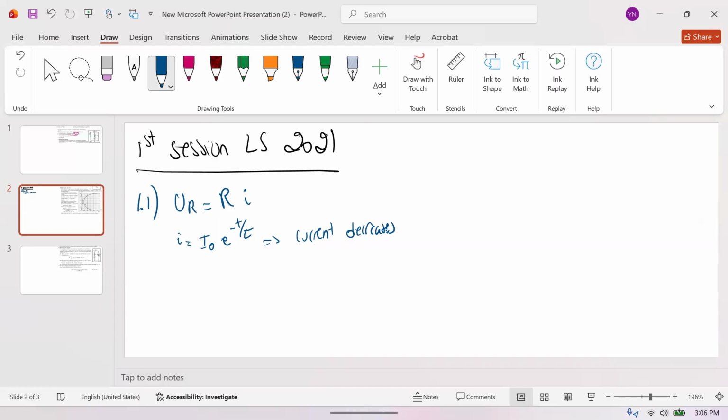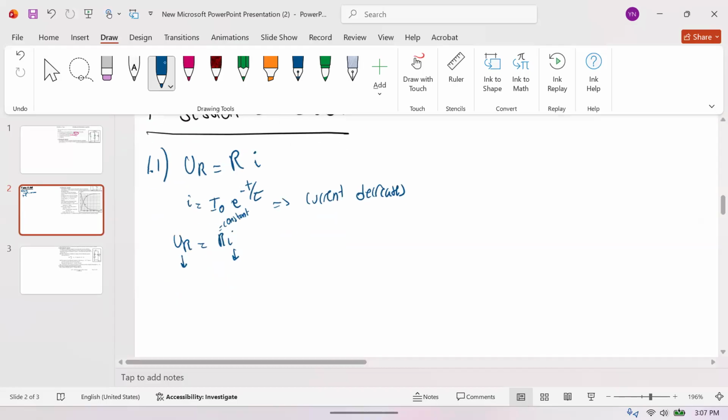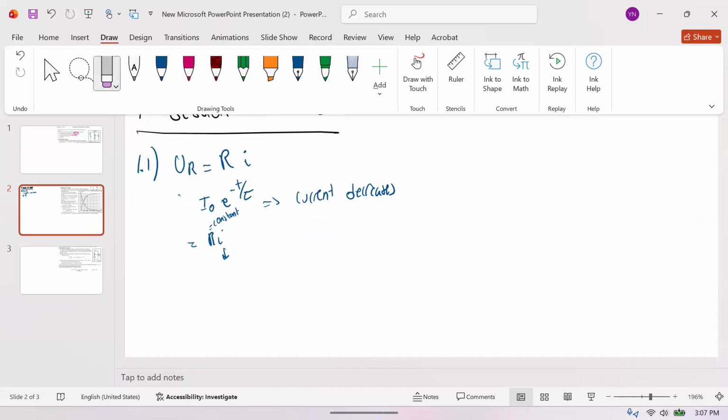By the way, the current is always decreasing in the phase of charge and discharge, which makes the voltage of the resistor also decrease. Why? Because if i is decreasing and R is a constant, then simply the voltage of the resistor should also decrease. Okay, so how do we answer that?